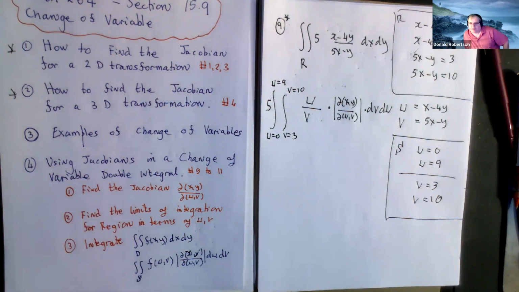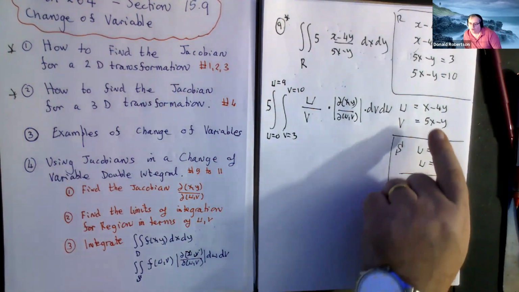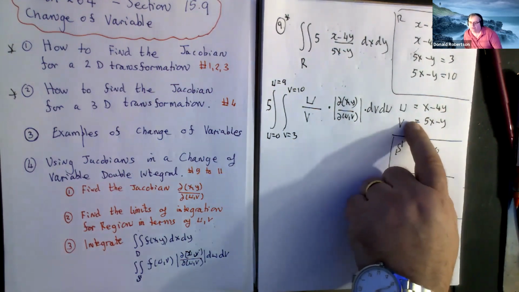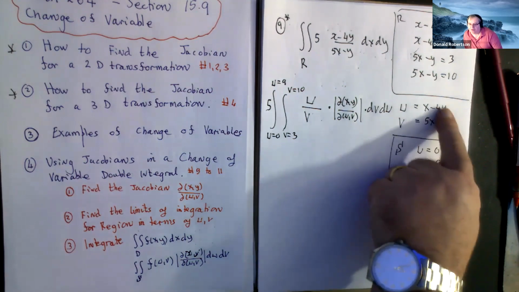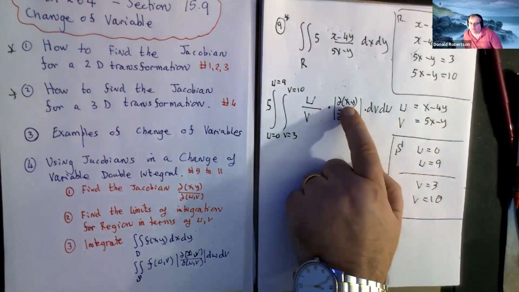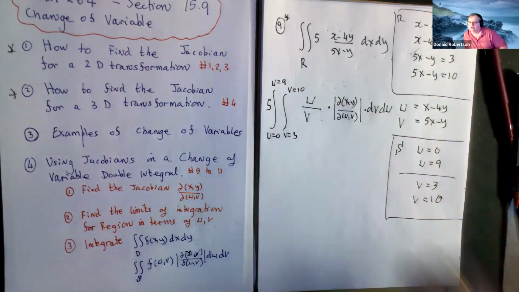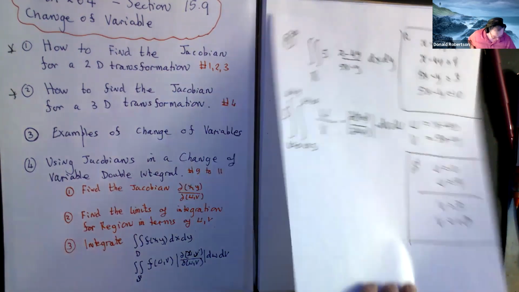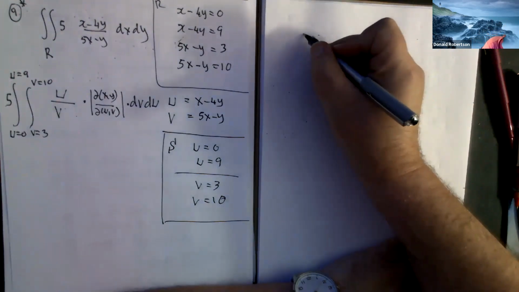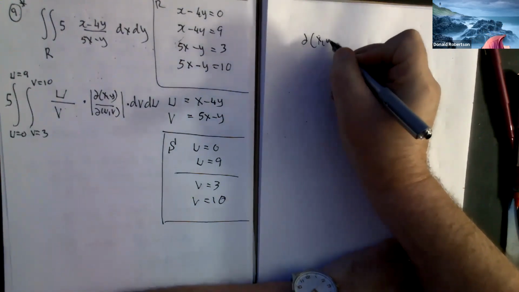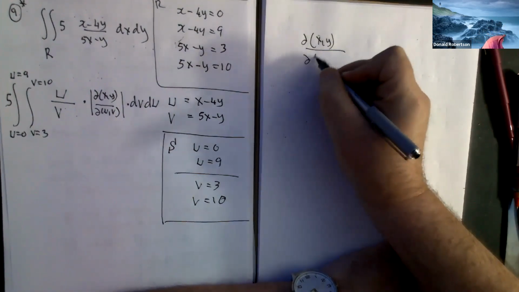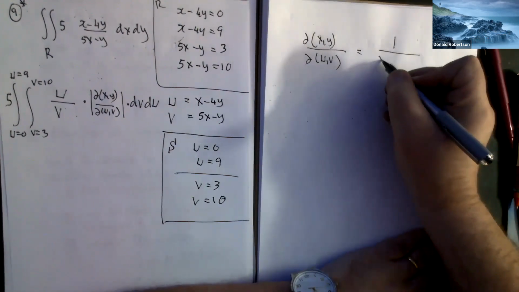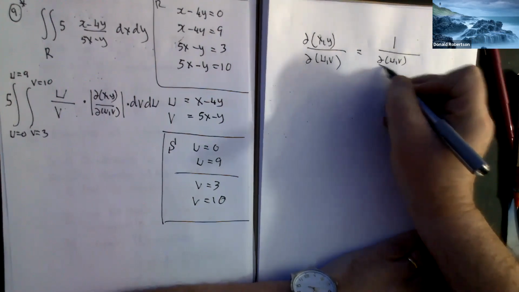And that's the problem, because don't we want x equals a function of u and v and y equals a function of u and v? We need them written in that order to get this Jacobian. So here's a little sneaky trick. The Jacobian that I want is 1 over this Jacobian.